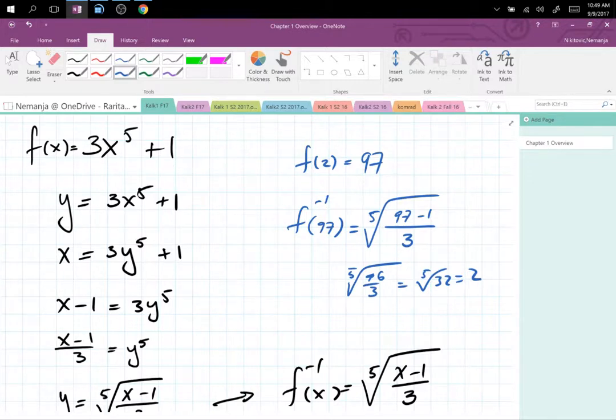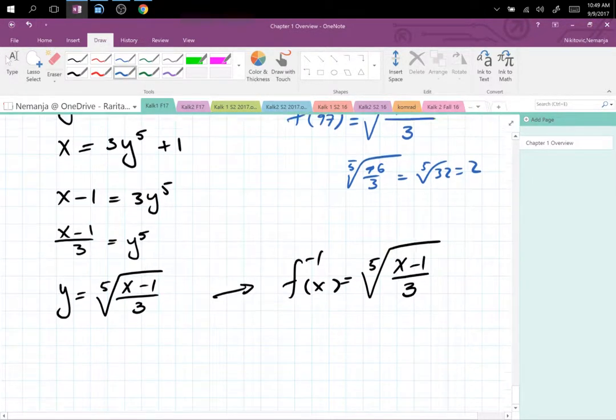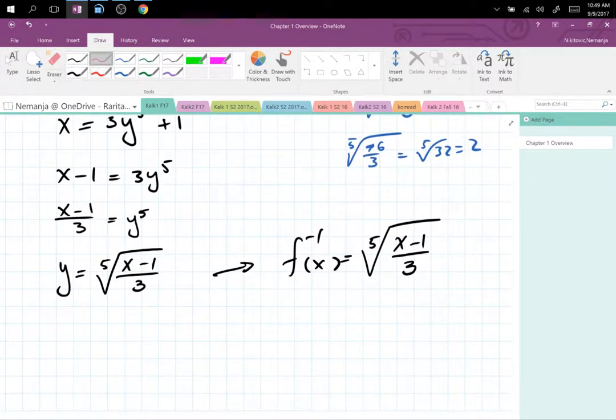The core thing to understand here is that the inverse is going to undo calculations which the function performed. A very important rule is that if you compose a function with the inverse, you get x back.